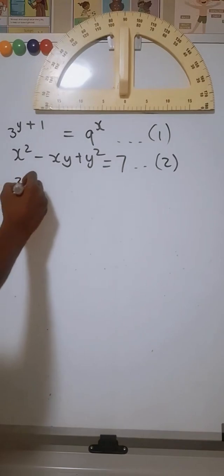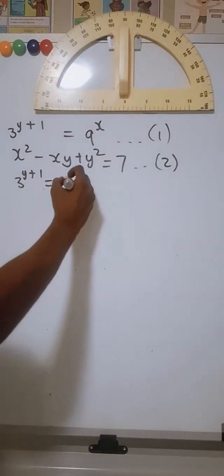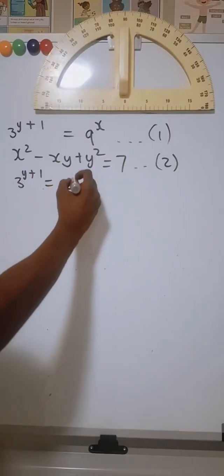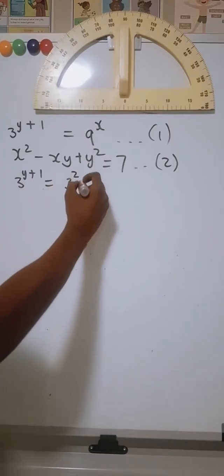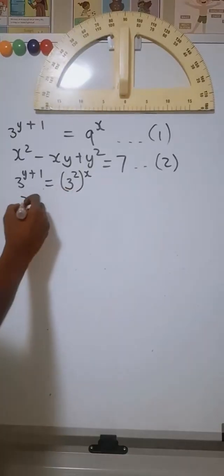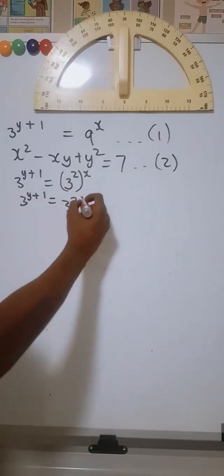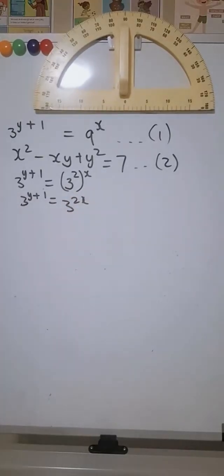So we're going to take equation 1 and write 9 as 3 to the power 2. That basically is 3 to the power y plus 1 is equal to 3 to the power 2x. Bases are the same on either side of the equal sign.